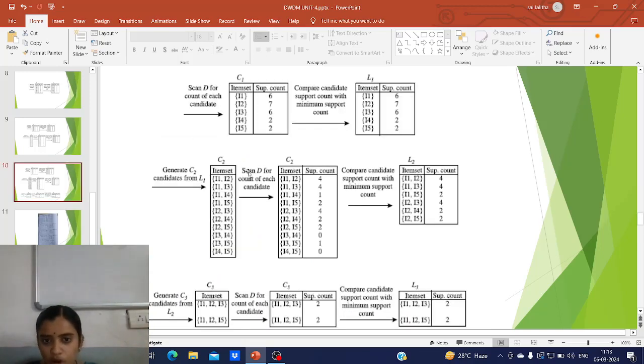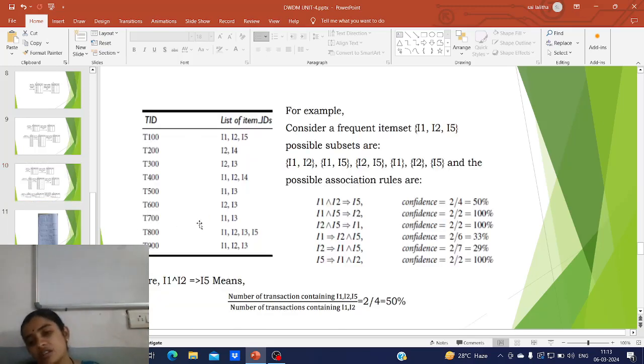Minimum support count is fixed by the user, and minimum confidence is also set by the user. Here I am taking 70% as the minimum confidence. Based on that, only three sets satisfy the minimum confidence level: I1, I5, I2; I2, I5, I1; and I5, I1, I2.